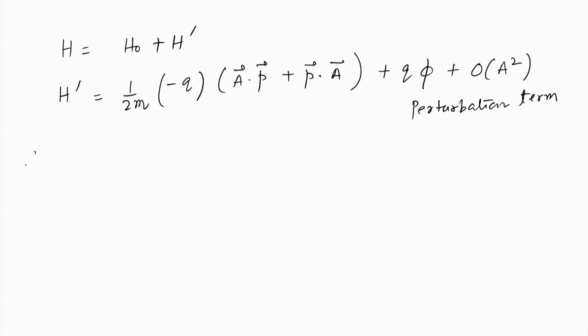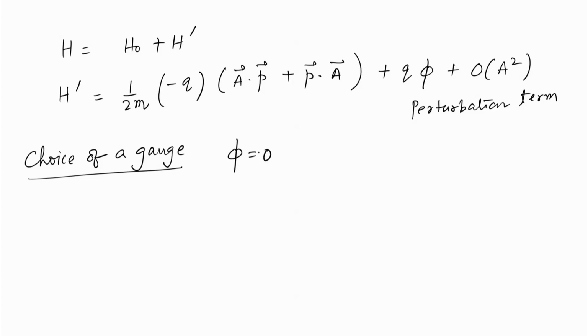So, this is important, the choice of a gauge, and this gauge says that we can take phi equal to 0 and the divergence of A equal to 0 as well. So, this is called a Lorentz gauge.